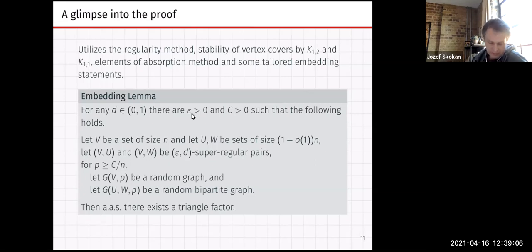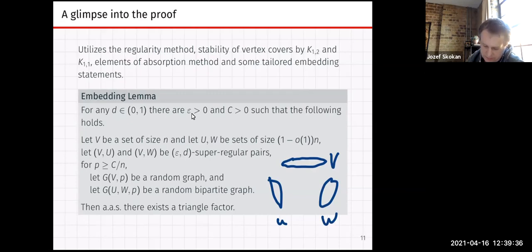So here is an example. Here is a lemma which tells you that for some choice of the parameters, if you have a 3-set V, U, and W, such that V has size n, and U and W are slightly smaller than V. Between V and U, and V and W, you have something that comes from the regularity method: a bipartite graph which is random-like, so it has density d and the edges are uniformly distributed. It looks like a random graph.